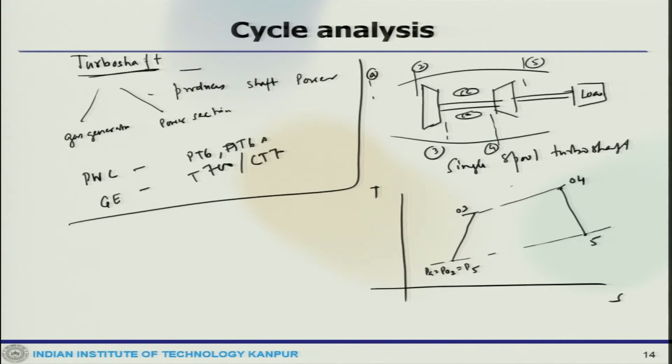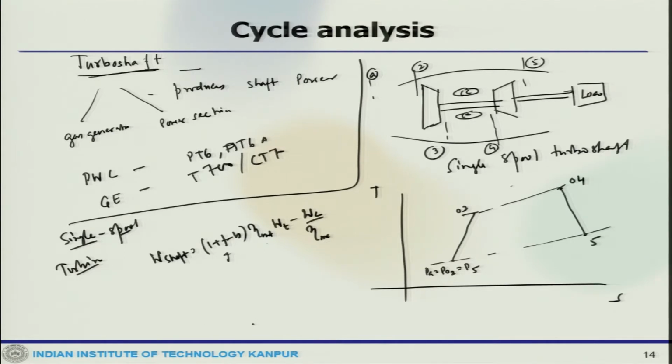Now, for the single spool engine, we can look at the turbine. The turbine drives both the compressor and the load. So, assuming full expansion in the turbine, the shaft power would be (1 + f - b) η_mt W_T - W_c/η_mc, where f is the fuel-air ratio, b is the bleed ratio, the mechanical efficiency is η_mt and the compressor efficiency is η_mc.